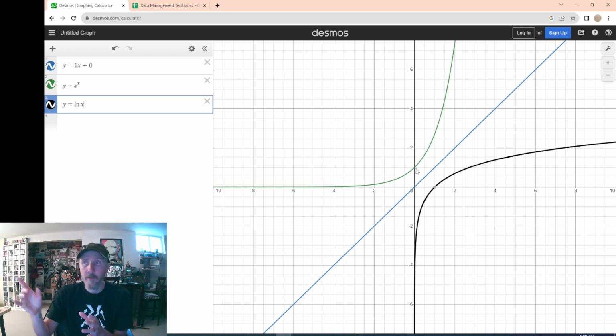Now, if you look over here, it's really slow to increase. It's like barely increasing, but that is an upward increase until all of a sudden it just starts really going up.